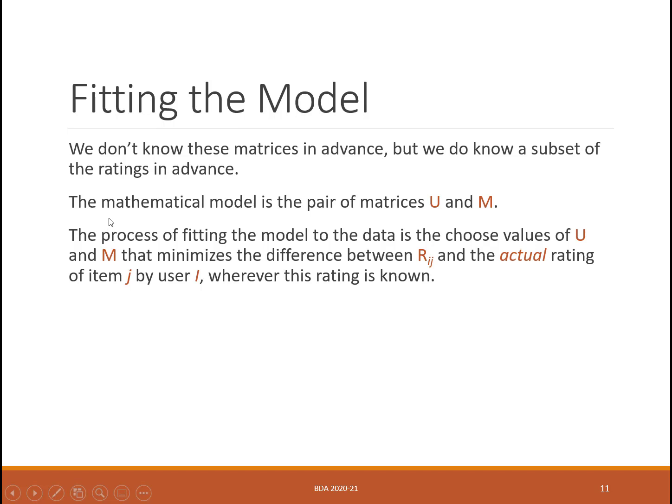So, a recommender system in the beginning records user ratings to obtain some elements in matrix R. Then, the system creates a model by fitting the previously recorded ratings to model matrices U and M. The fitting process models matrices U and M so that the difference between any predicted rating in matrix R and its corresponding actual rating is minimum.